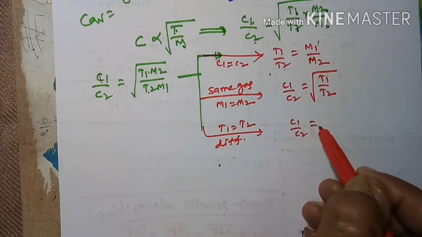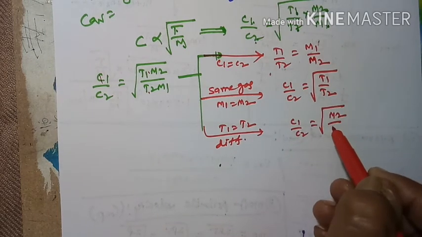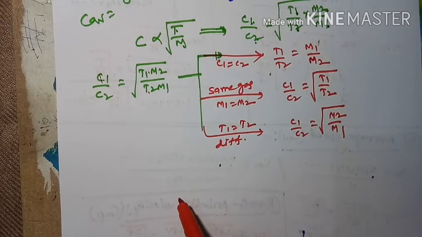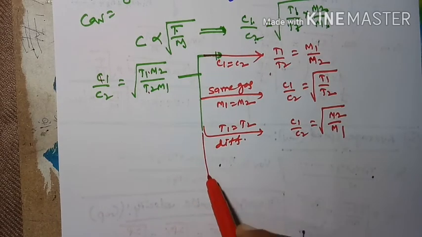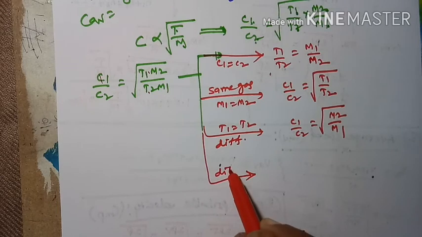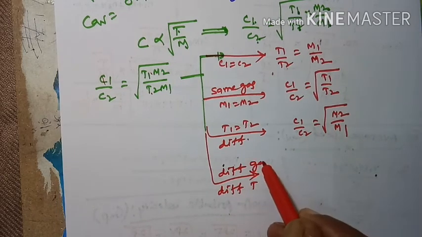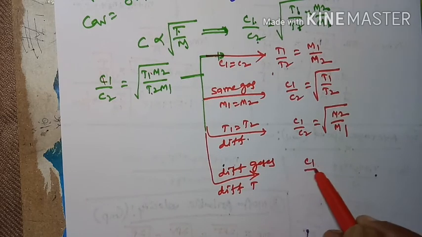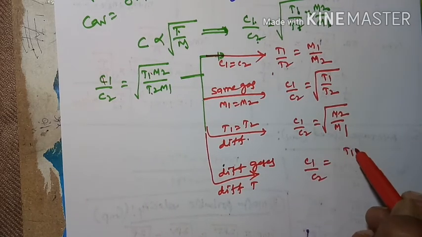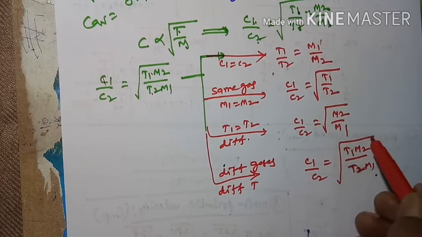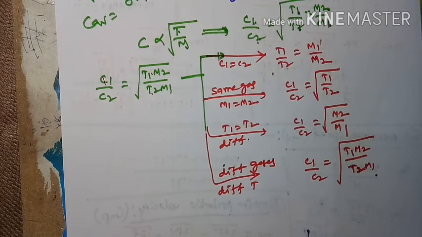So C1 by C2 is equal to under root M2 by M1. If different gases and different temperatures, then C1 by C2 is equal to under root of T1 M2 by T2 M1.